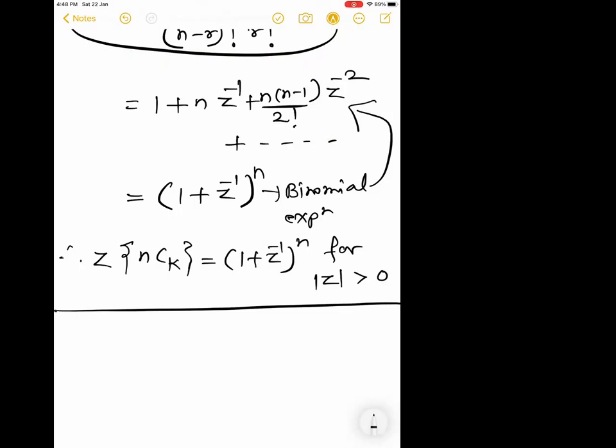So take down this one: find the Z transform of whatever sequences you have studied. With that, we will calculate.